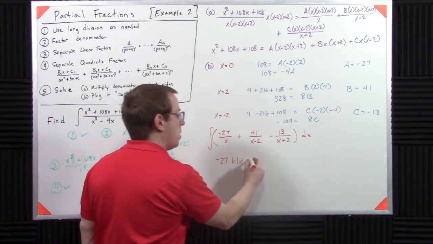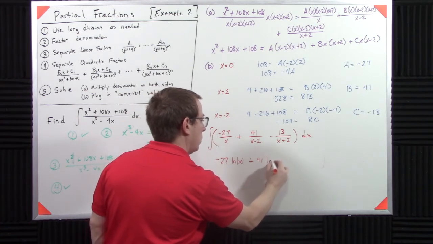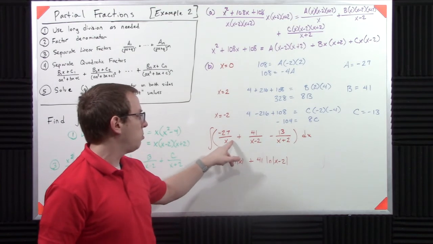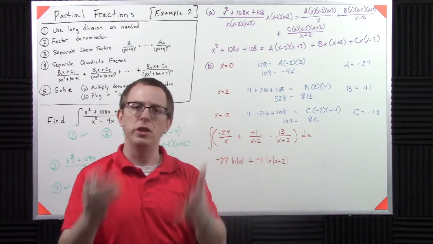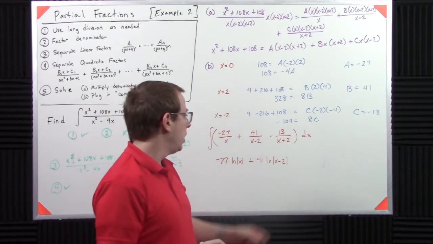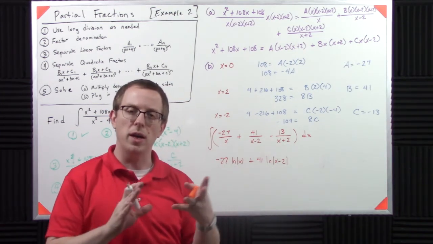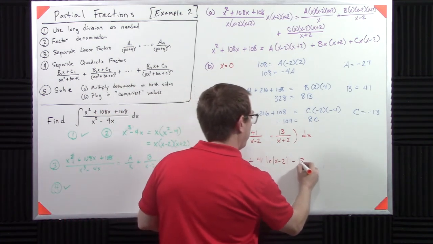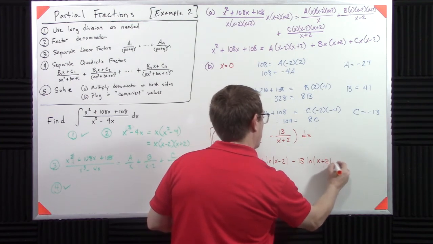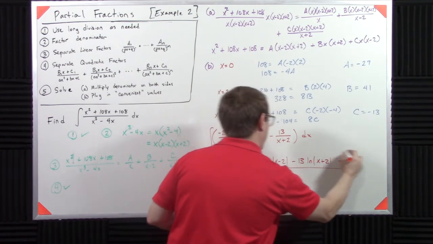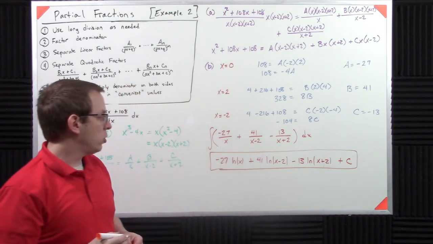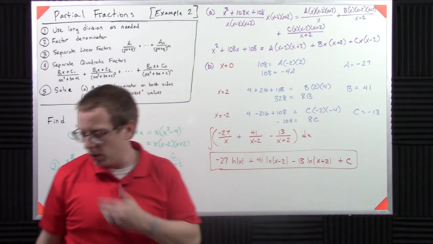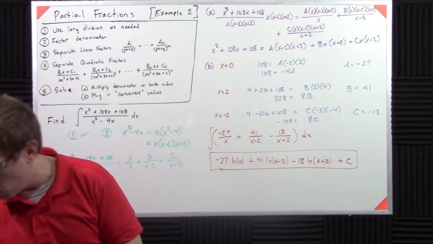We could use a u-sub here, but hopefully you're starting to recognize that if it's just x plus a number or x minus a number, that's just a log shift, so you can skip that step yourself. We end up with negative 27 natural log of x, plus 41 natural log of x minus 2, minus 13 natural log of x plus 2, all with absolute values, plus your arbitrary constant.